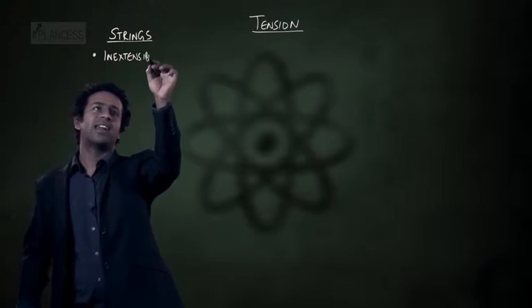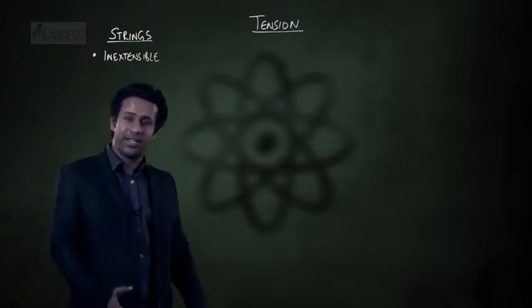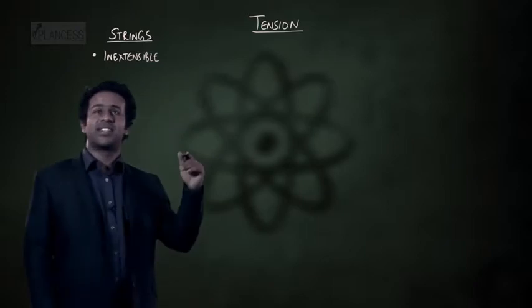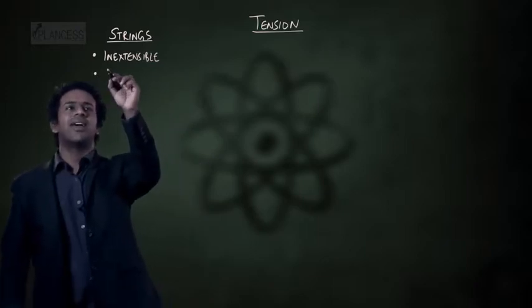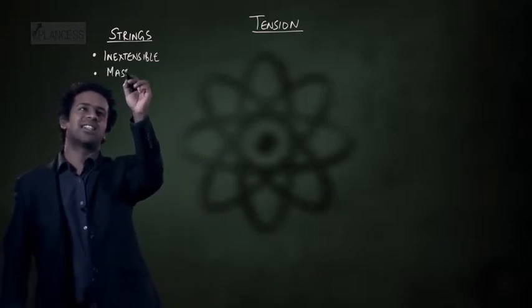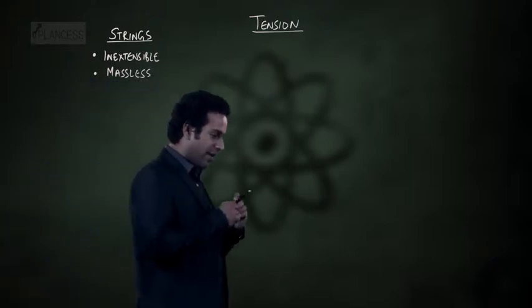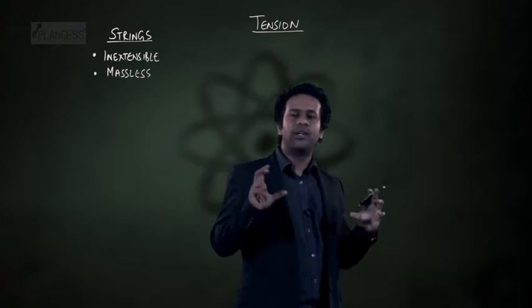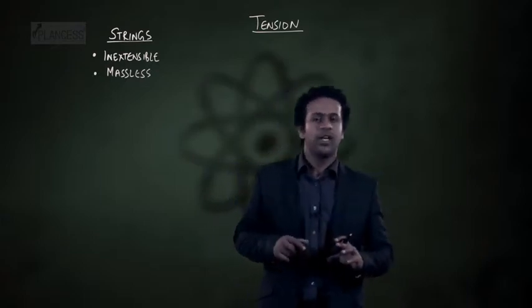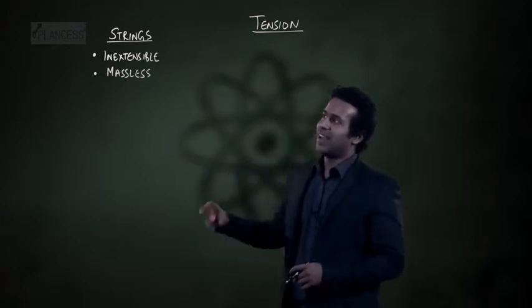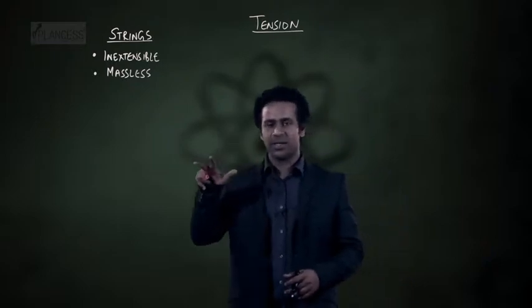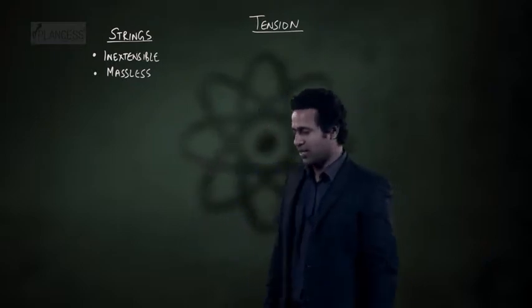That is, their length cannot change. And the second assumption is that strings are massless. So, whenever you see a string attached between two blocks or any two objects, you can directly assume that the string is inextensible and has zero mass.